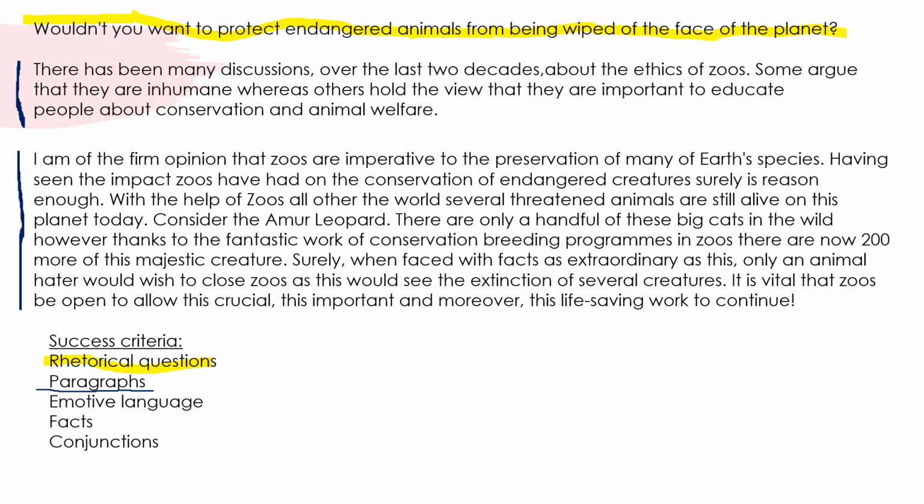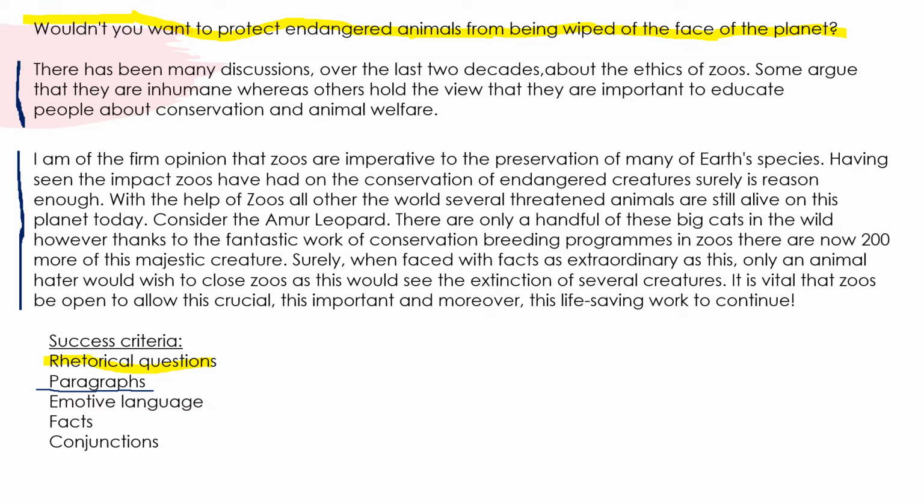I also feel when it comes to persuasive text, a rhetorical question can be really powerful at persuading your reader from the very start. Wouldn't you want to protect endangered animals from being wiped off the face of the planet? Well, surely anyone who cares about animals would say, yes, I do want to protect animals.